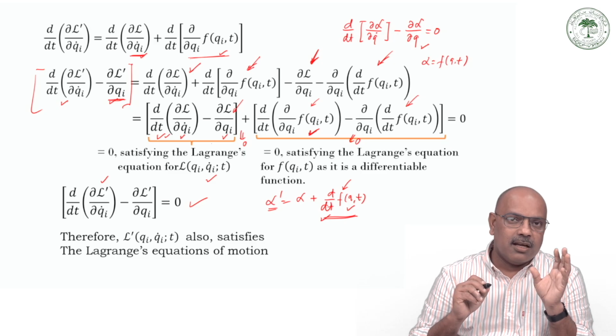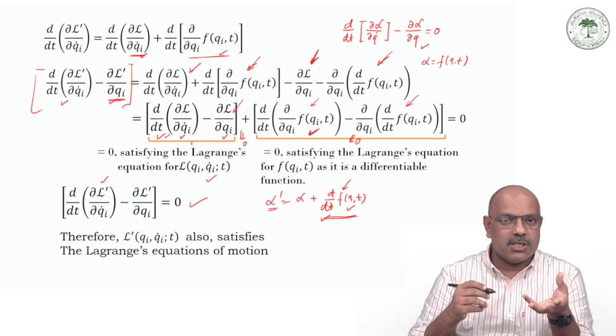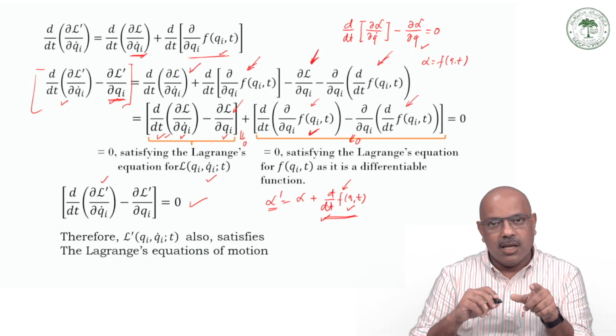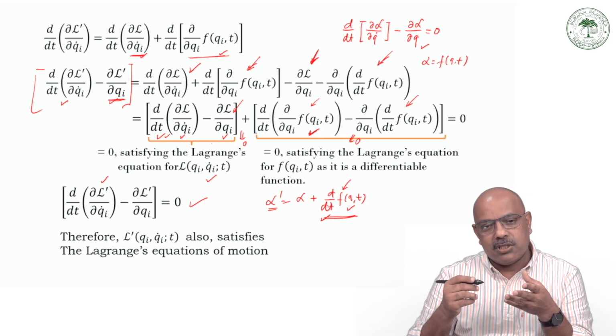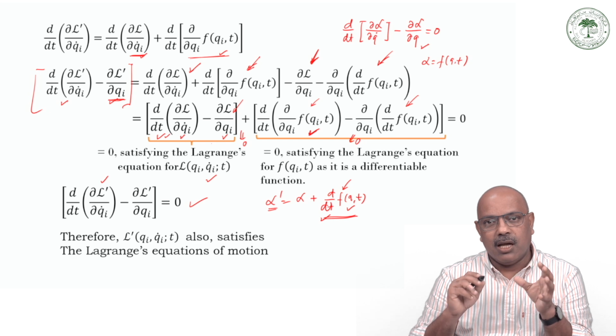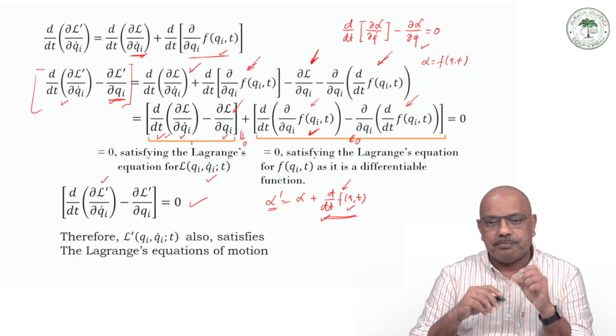We see that if the forces are conservative or potential, whether the potential is coordinate dependent as well as velocity dependent, then finally I'm going to get a Lagrange equation of motion.